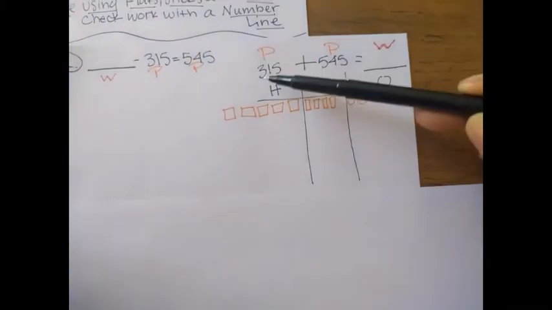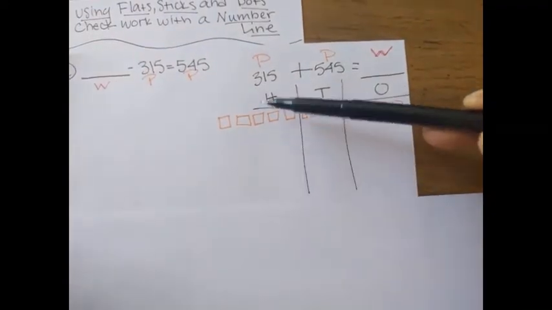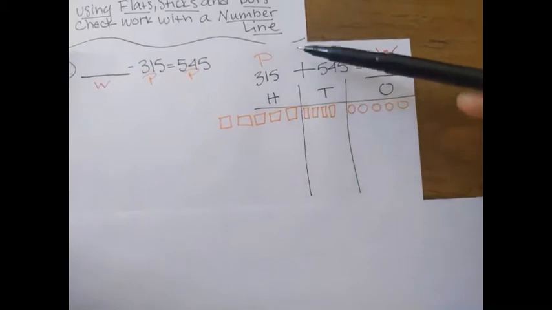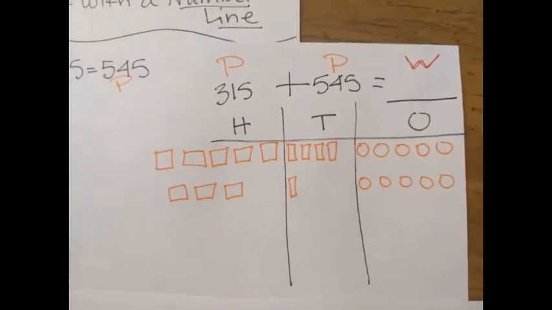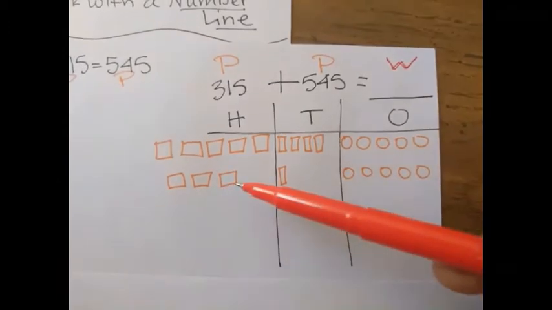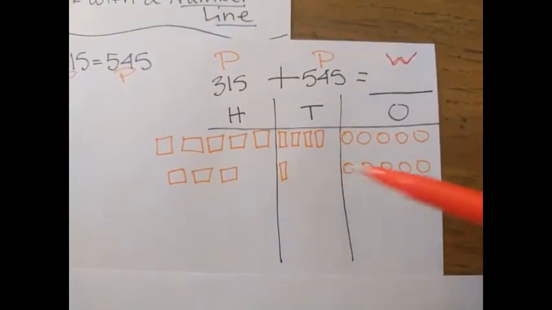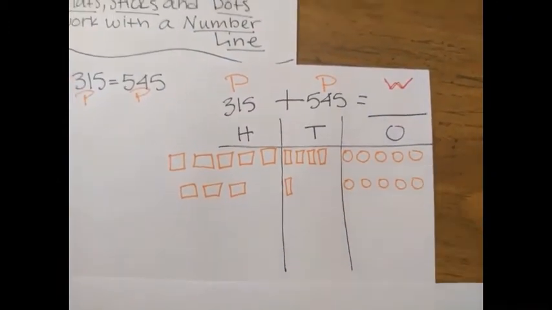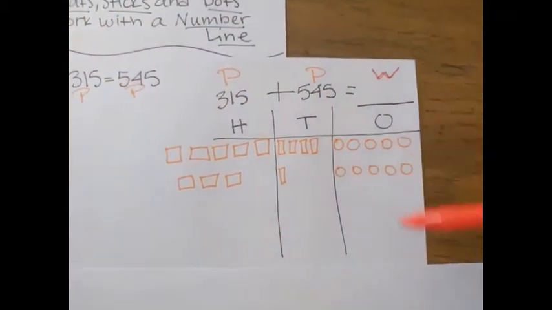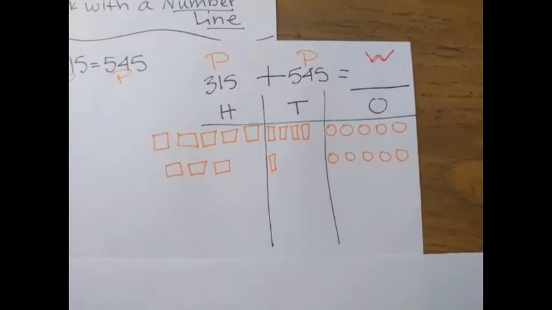Take a moment to add 3 hundreds, 1 ten, and 5 ones to our chart to represent our other part. Our other part is represented in our chart with 3 flats, 1 ten, and 5 ones. And now we are ready to add our parts together.